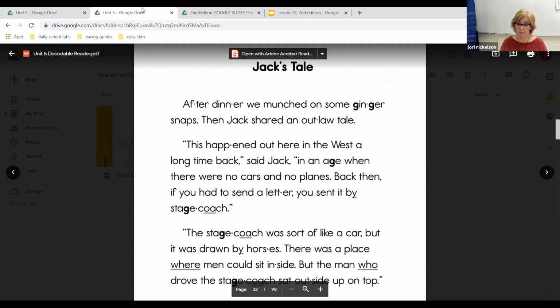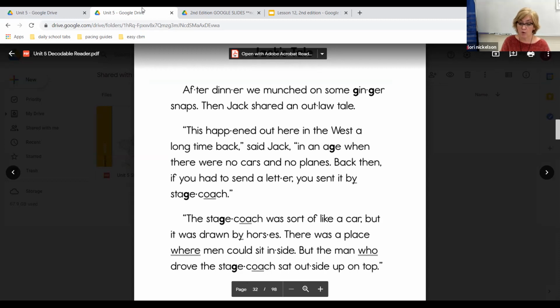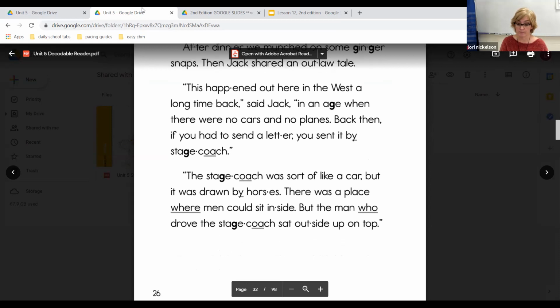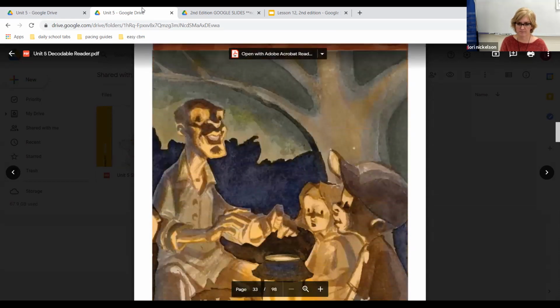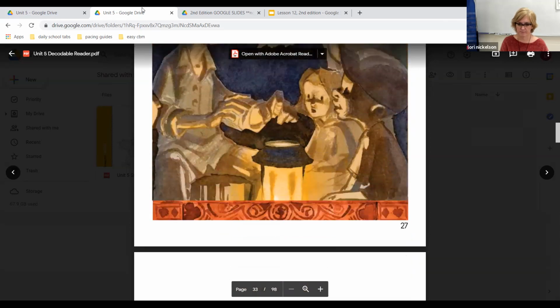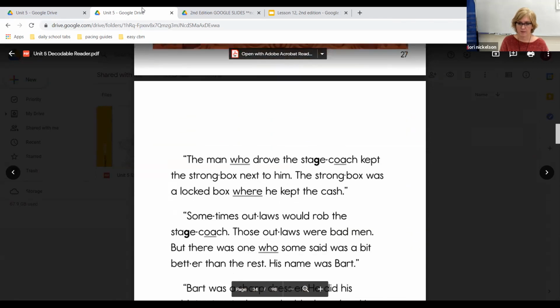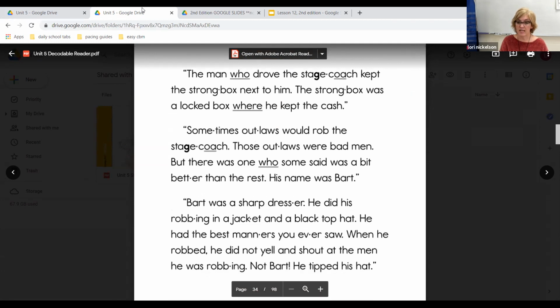There was a place where men could sit inside, but the man who drove the stagecoach sat outside up on top. The man who drove the stagecoach kept the strong box next to him. Now remember, the strong box was a locked box where he kept cash. Sometimes outlaws would rob the stagecoach.